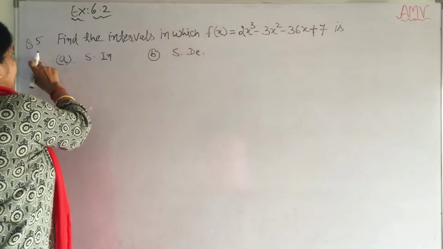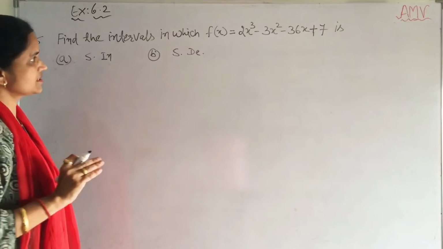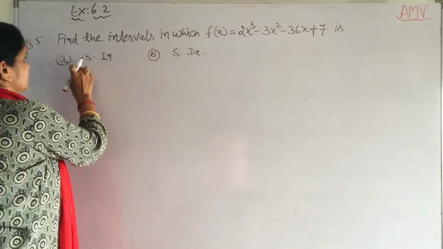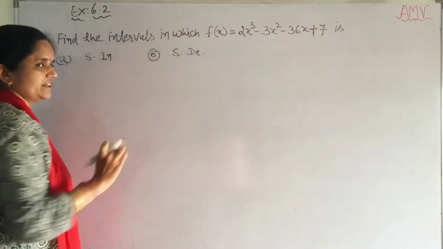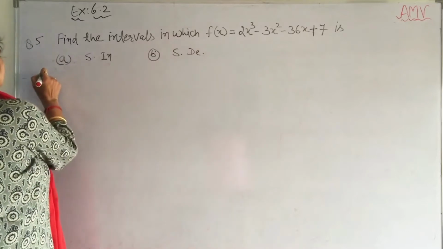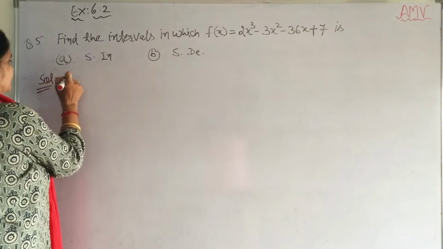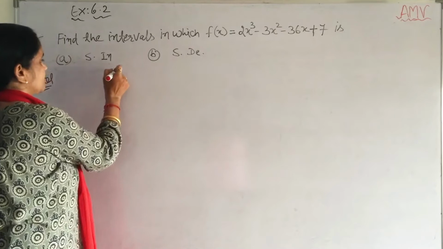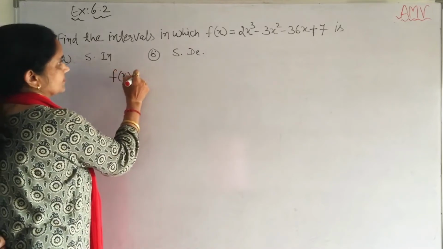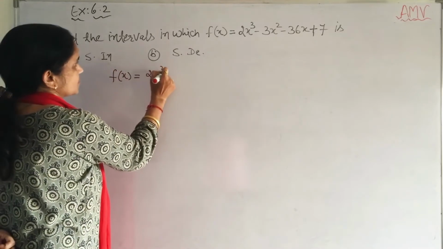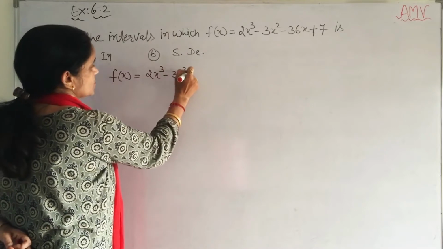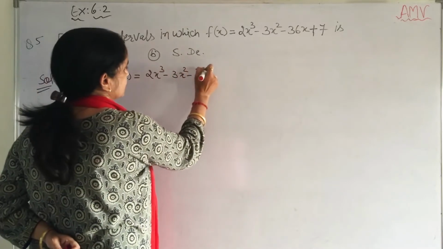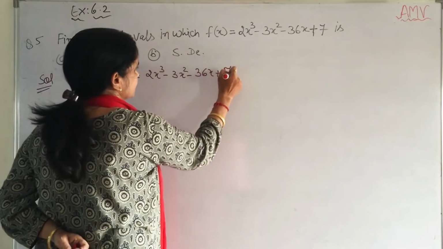Question number 5. Find the intervals in which the function is strictly increasing and strictly decreasing. f(x) is given: 2x cube minus 3x square minus 36x plus 7.